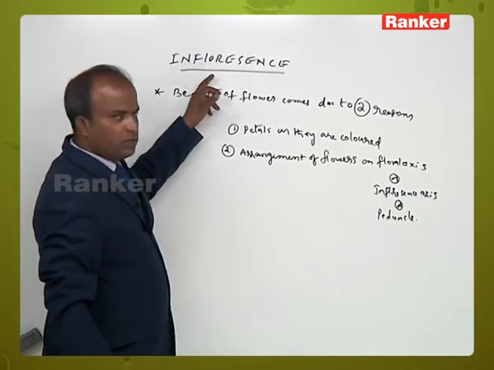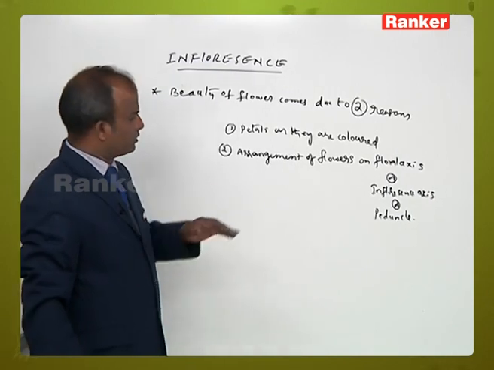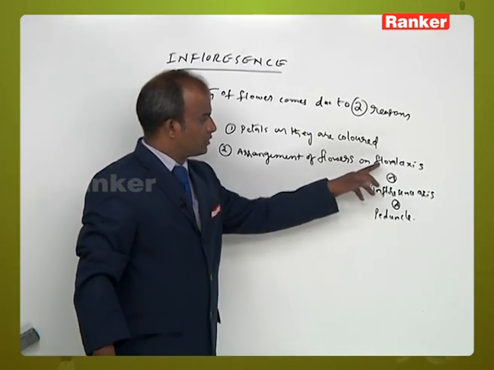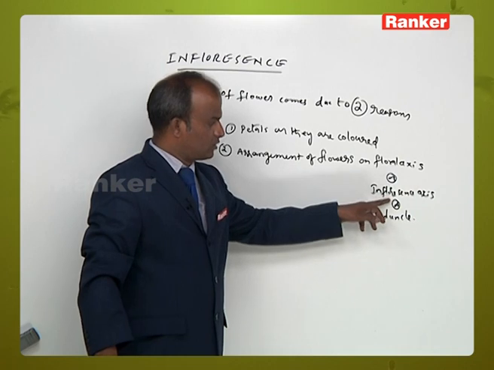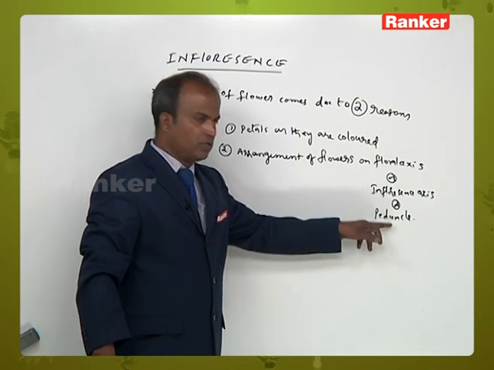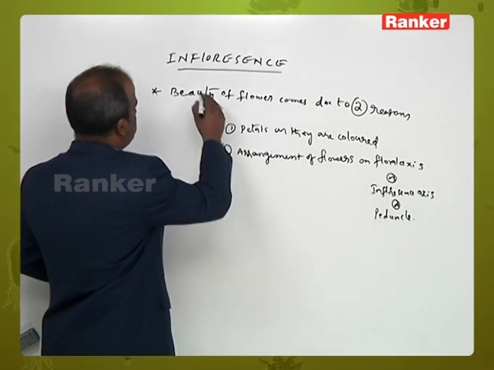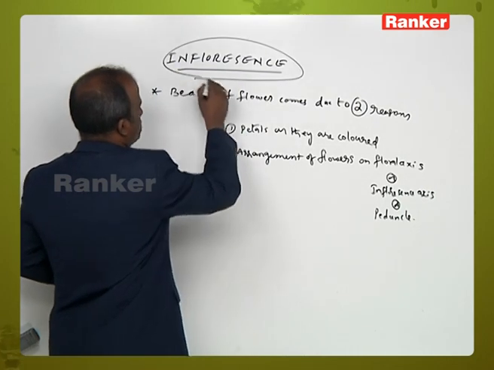Can you tell me what is the definition of inflorescence? The arrangement of flowers on floral axis, on inflorescence axis or peduncle itself is called as inflorescence.